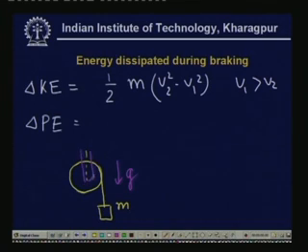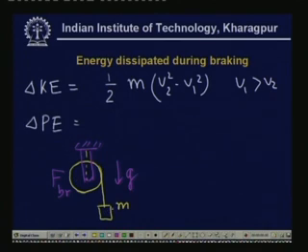So this is the pulley, and because of gravity the mass will continuously accelerate. Sometimes we do not want such high accelerations, therefore we apply a braking force F braking over here, and that will reduce the speed.